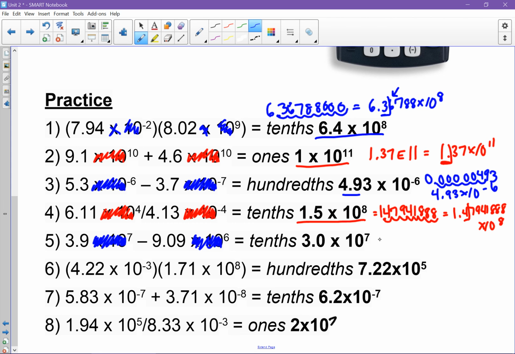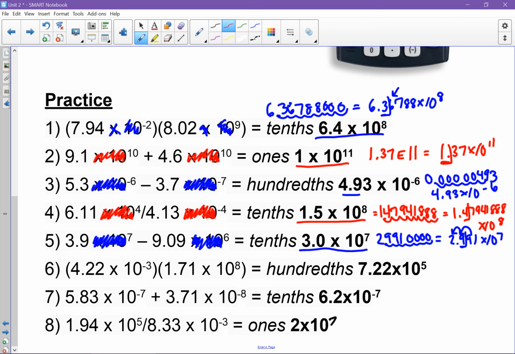And your calculator says 29910000. So we're going to put that into scientific notation. We want it to be 2.991 times 10 to the 7th power. Big number is positive exponent. And then if we round that to the tenths place, this 9 makes the other 9 round up, which makes the 2 also round up, so it becomes 3.0.